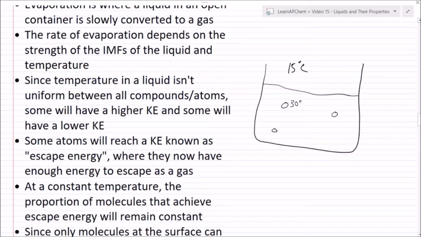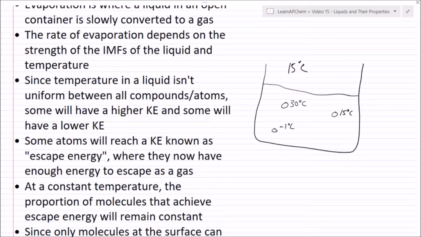This might be at 30, this might be at 15, and this might be at 0. We'll say -1, so it's not confusing. So basically, in a mixture of liquid, not all of the atoms are going to have the same kinetic energy. Some will have higher ones, some will have lower kinetic energies.